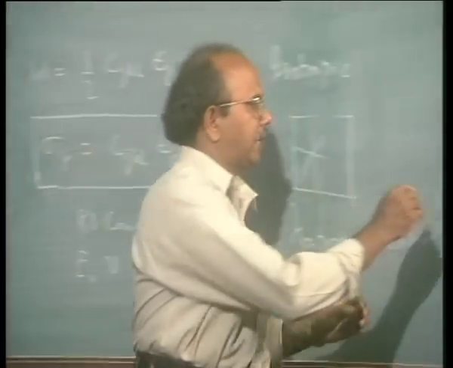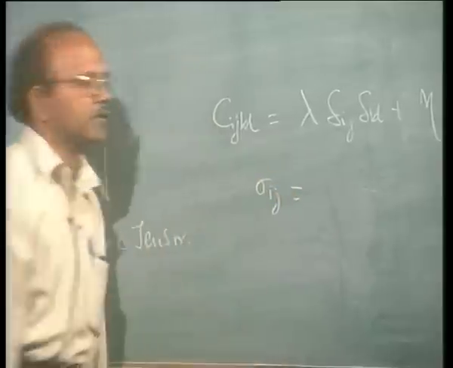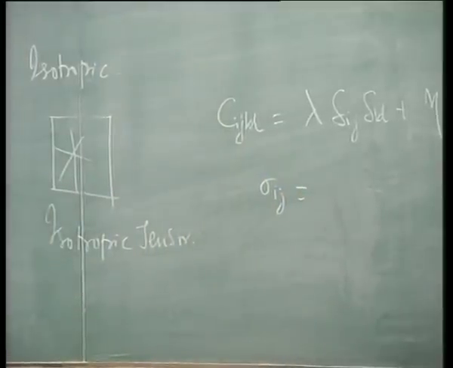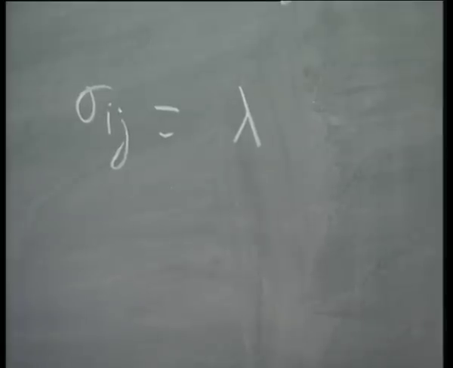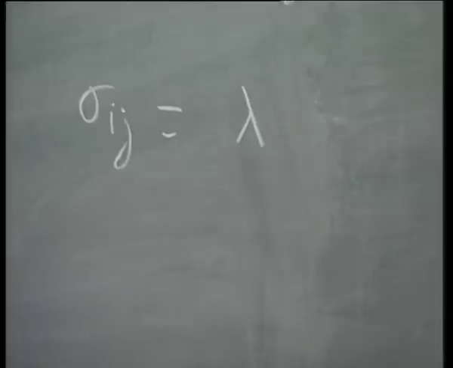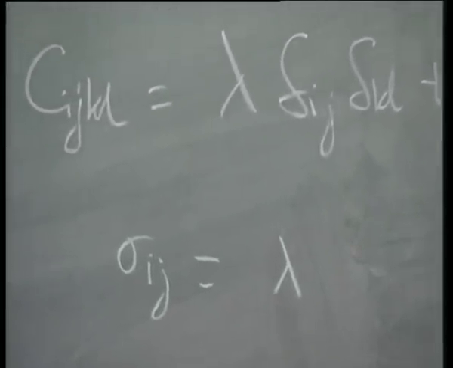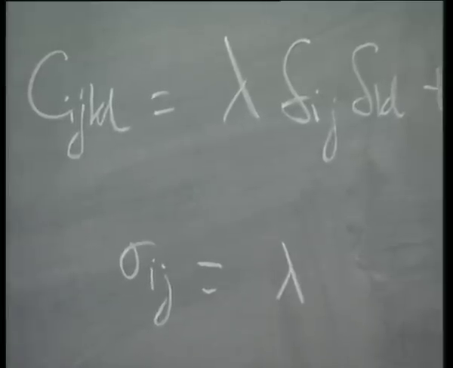So now this can be written as sigma_ij equal to, note this carefully, so you will get some practice in writing down the indical notation, lambda into delta_ij delta_kl into epsilon_kl. What do I get?